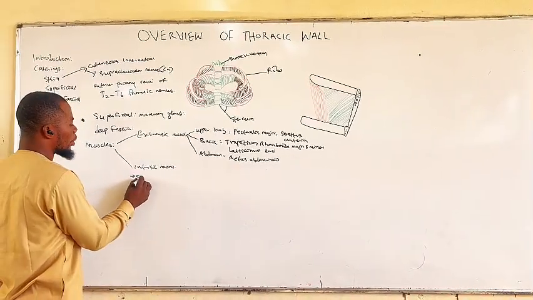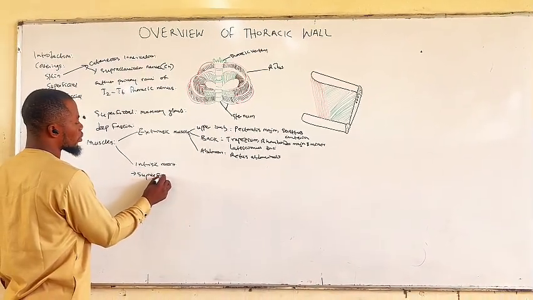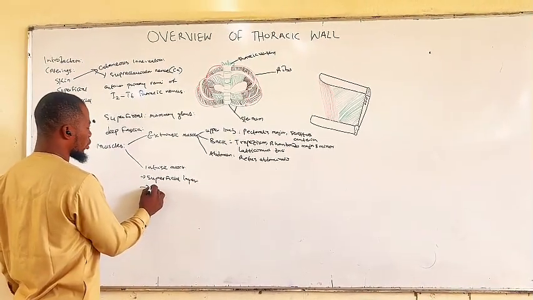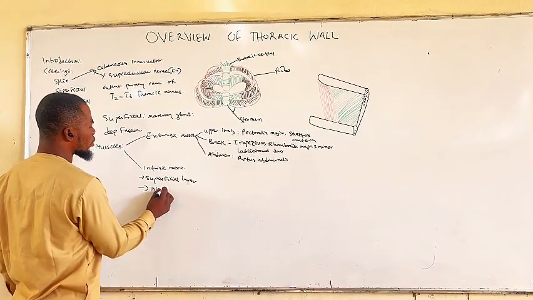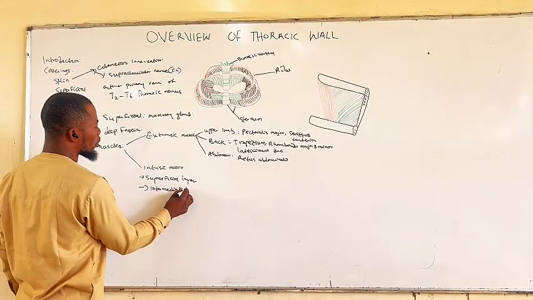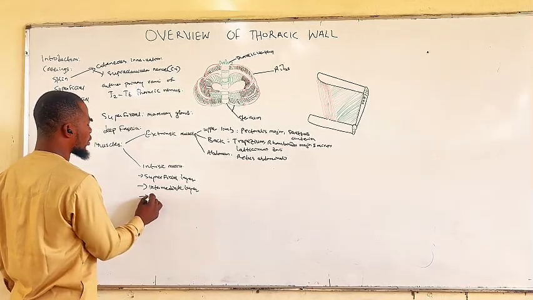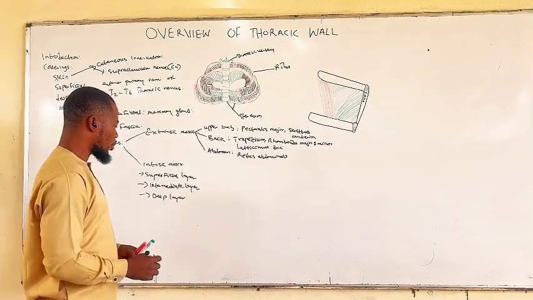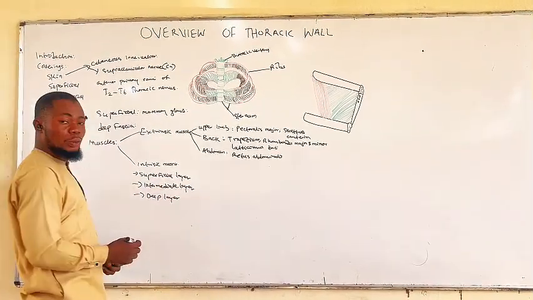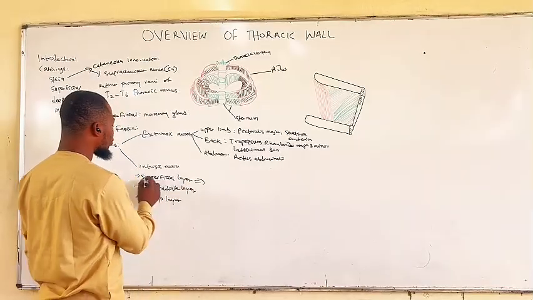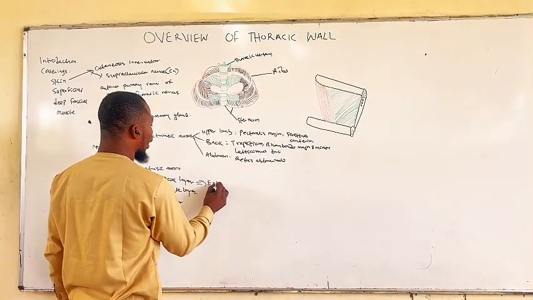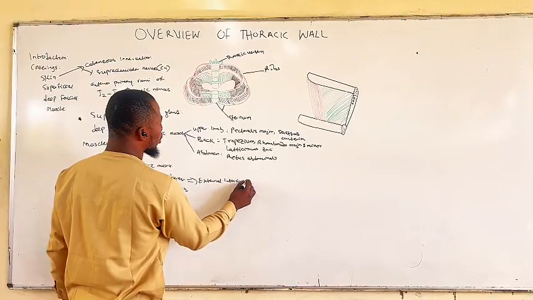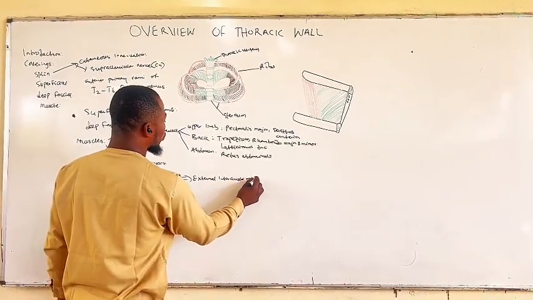The intrinsic muscles are arranged in the superficial layer, intermediate layer, and deep layer. The superficial layer is also called external intercostal muscle.